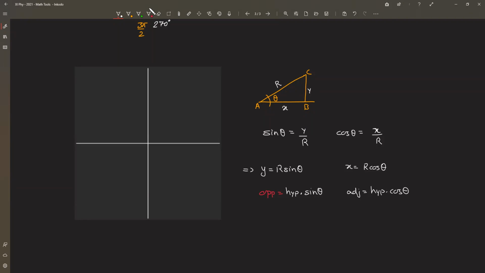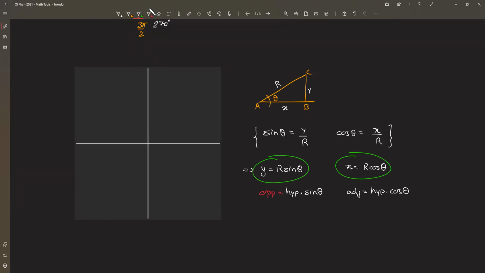It is just whatever you have done here, rewritten in a different manner, to have a clear picture that when you have to find the length of the opposite side, it will be equal to the hypotenuse into sine theta. Length of the adjacent side will be equal to the hypotenuse into cos theta, or R sine theta, R cos theta, as we have seen here, right?